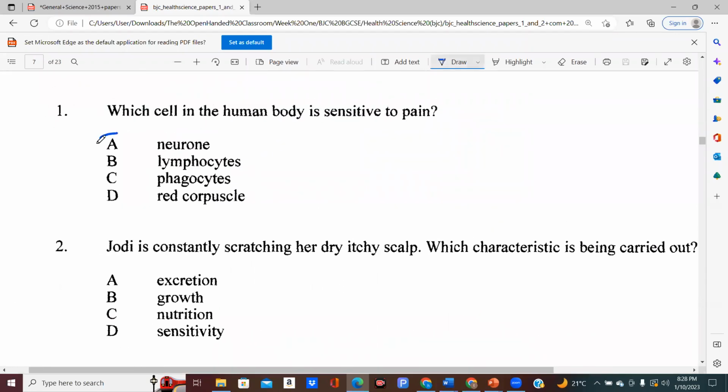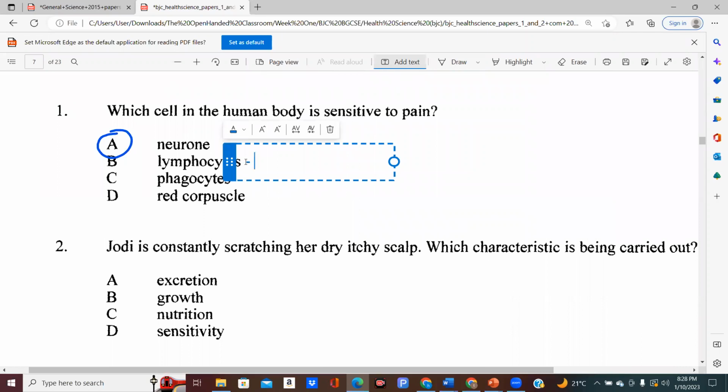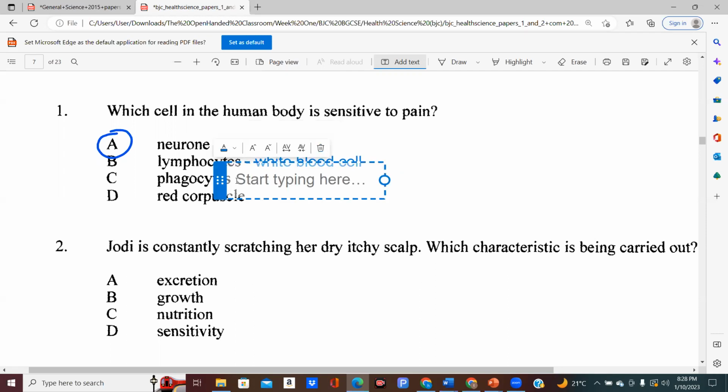By the way, what do we mean by lymphocytes? That is a white blood cell. No, I think it engulfs. No. It creates antibodies for the body. It's a white blood cell that fights off infection, and phagocytes is another white blood cell that engulfs bacteria.